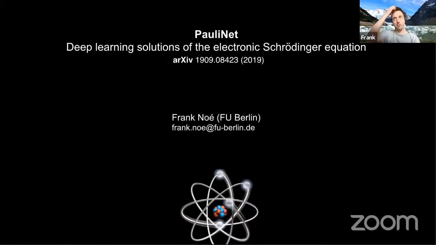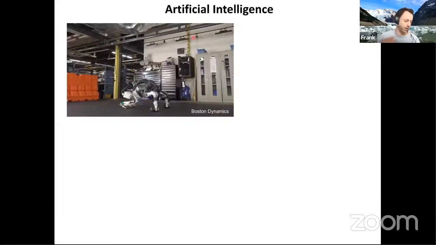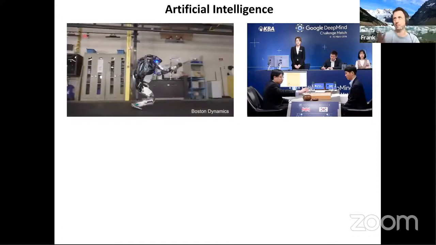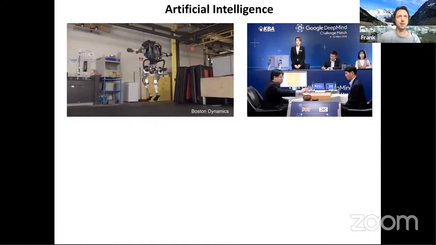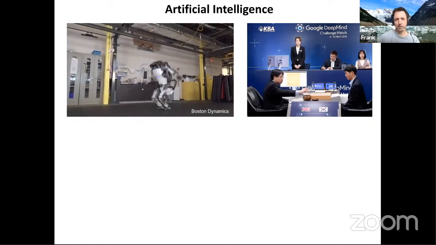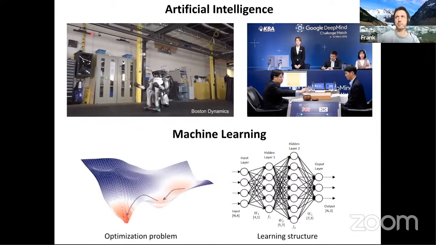I want to talk about a deep learning solution for the electronic Schrödinger equation. When we build AI or machine learning systems, and here are some famous examples from robotics and reinforcement learning, playing Go, we usually have to answer two questions methodologically.